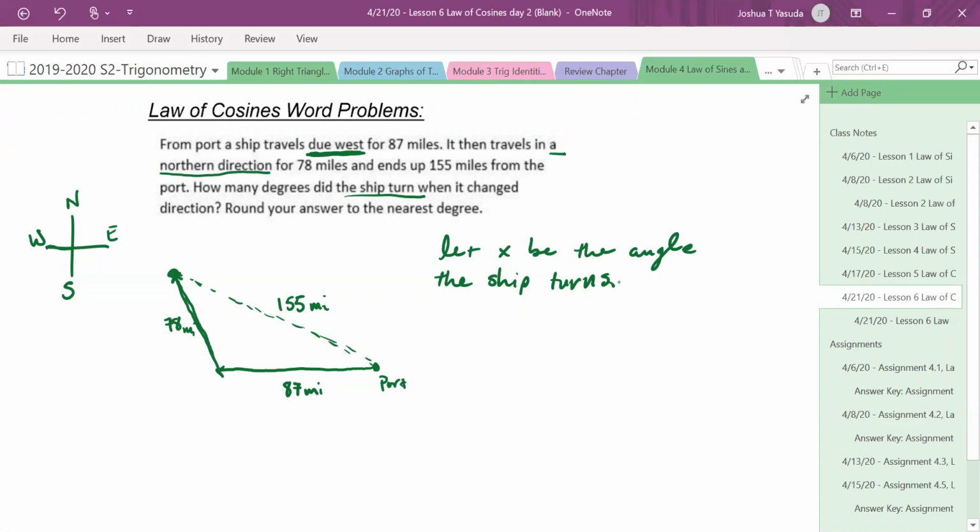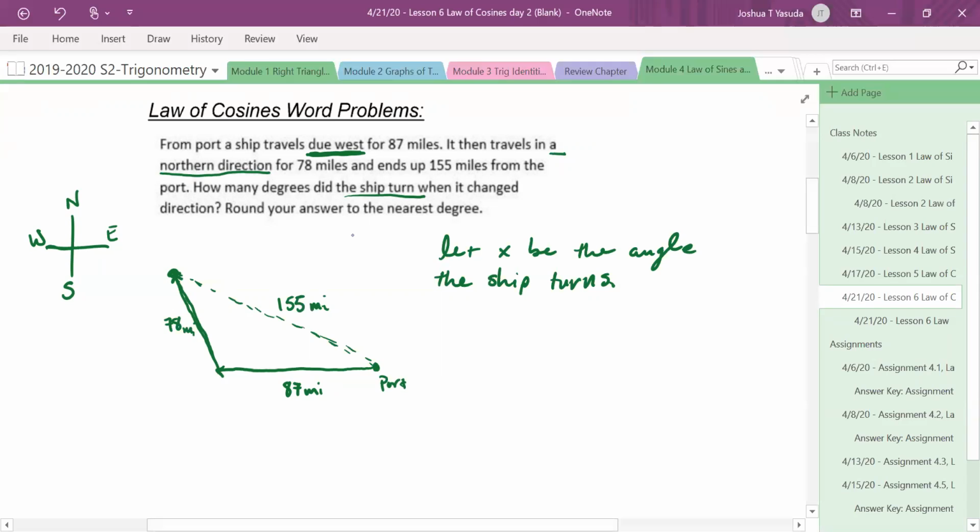I'm going to wait and throw it out there. Where do you think X goes in the picture? Let X be the angle the ship turns. Where do you think X goes in the picture? I'm just going to let that hang there for a few seconds. I literally want you to draw an X on your notes. Where would it go in this picture?